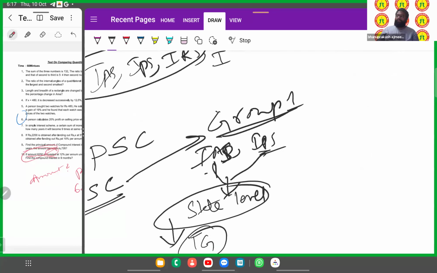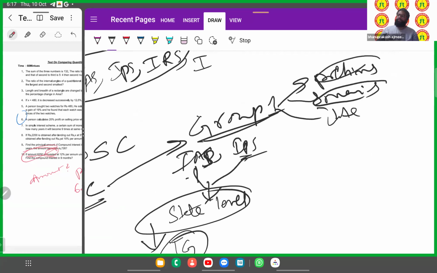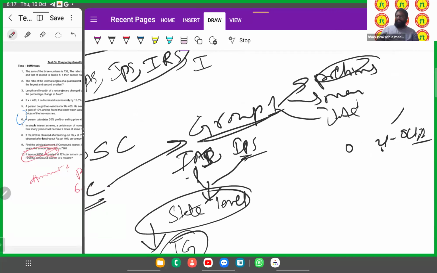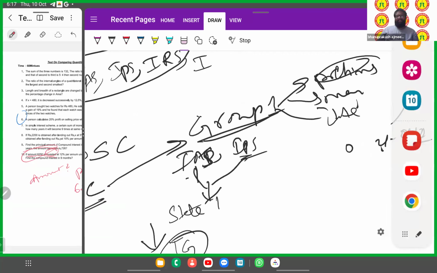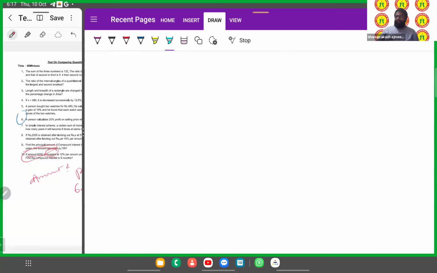This Group 1 exam is similar: again prelims, again mains, again interview. I cleared prelims, and I have mains from October 21st to 27th. Then the interview. So a lot of process is involved, and a lot to read. There are many subjects, starting with Indian history.